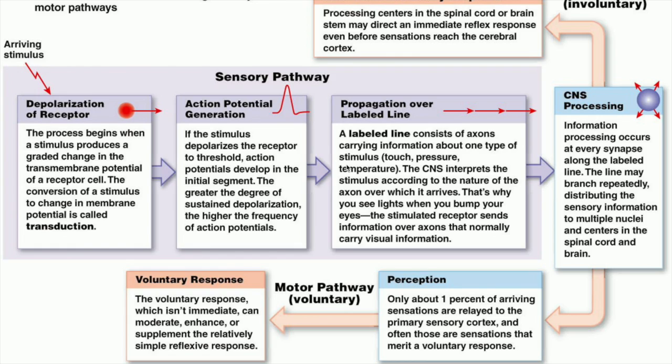This shows the sensory pathway, so how we get from a stimulus to a response. The first thing that happens is a receptor is going to convert the stimulus energy, so the stimulus energy might be light energy or heat energy or kinetic energy in the form of touch, and it's going to turn that into an electrical signal. That process is called transduction.